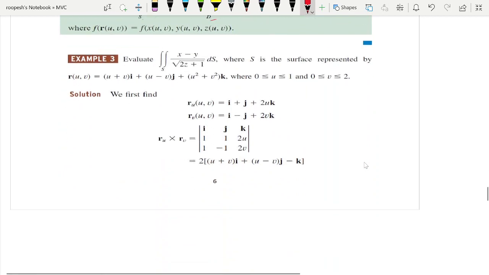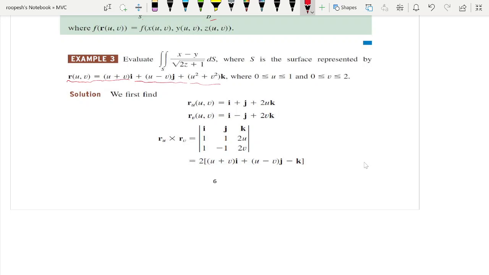Evaluate the double integral over S of (x minus y) by square root of (2z plus 1) dS. So as I said, from where should you start? You should pick up the vector form of that integral. So this one, r(u,v), is your key role.